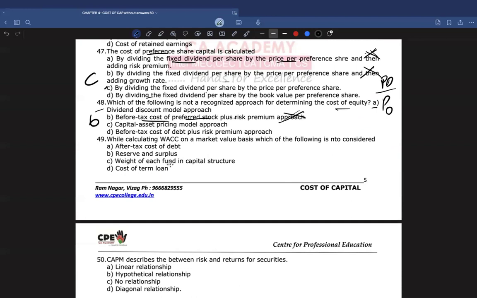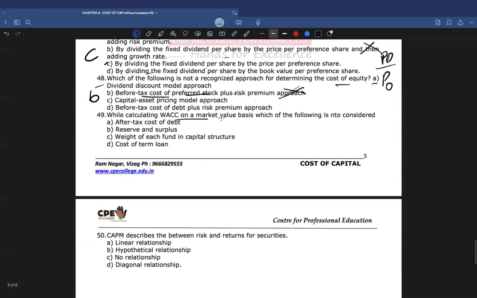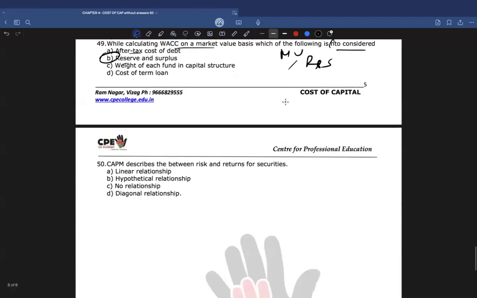So B seems okay. While calculating WACC on a market value basis, which of the following is not considered? Okay, not considered is reserves and surplus.